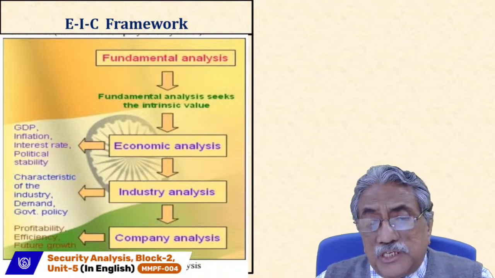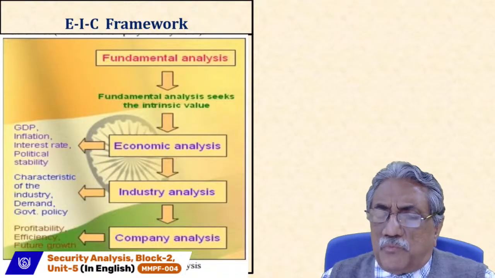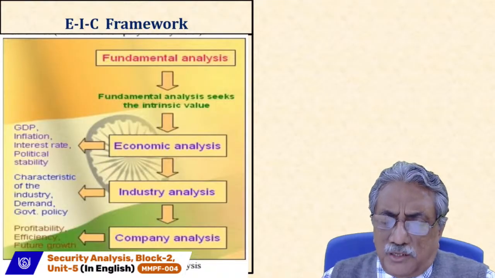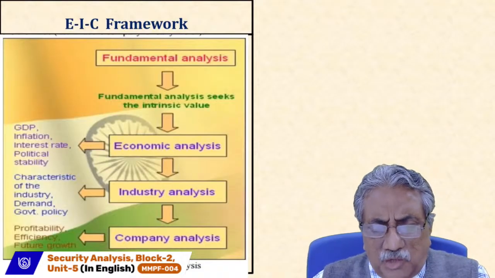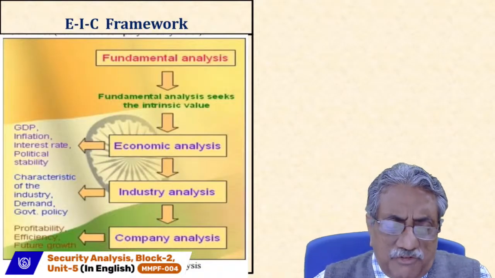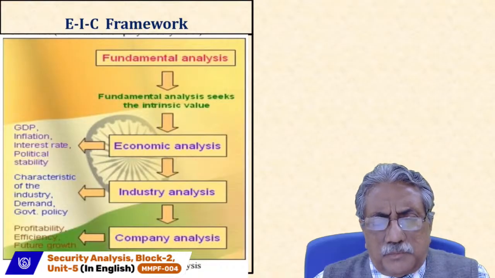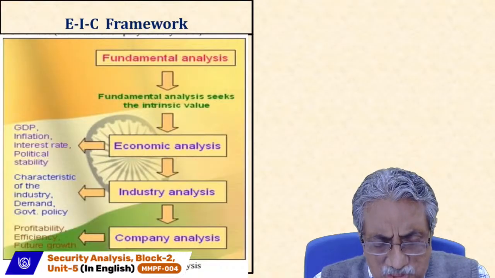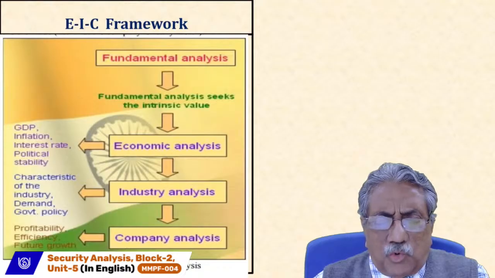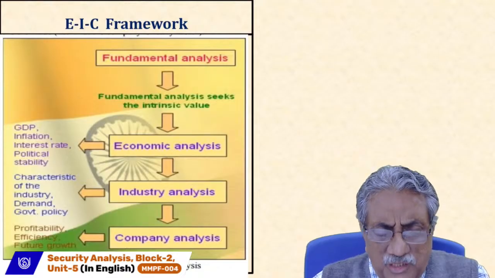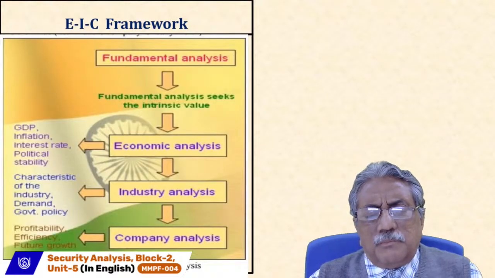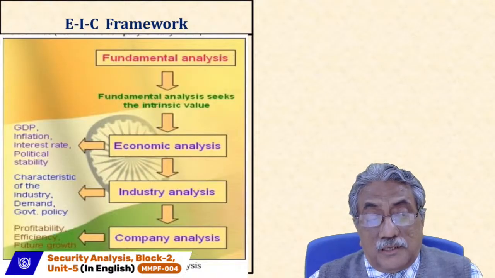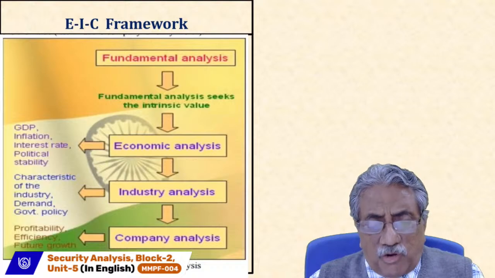Followed by that, we'll do the industry analysis, the characteristics of the industry. Now, if you look at the cement industry, there are two large players. Adani's Ambuja Cement, ACC Cement, and now Orient Cement, these three are a group, and Ultratech. These two hold the major share of the market, and then there are small companies.